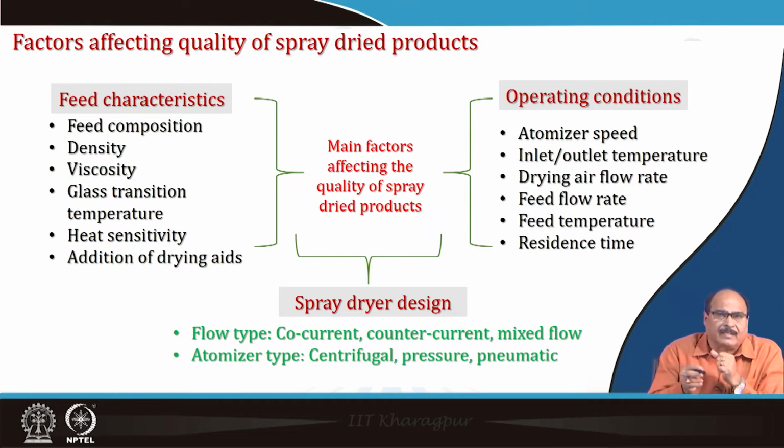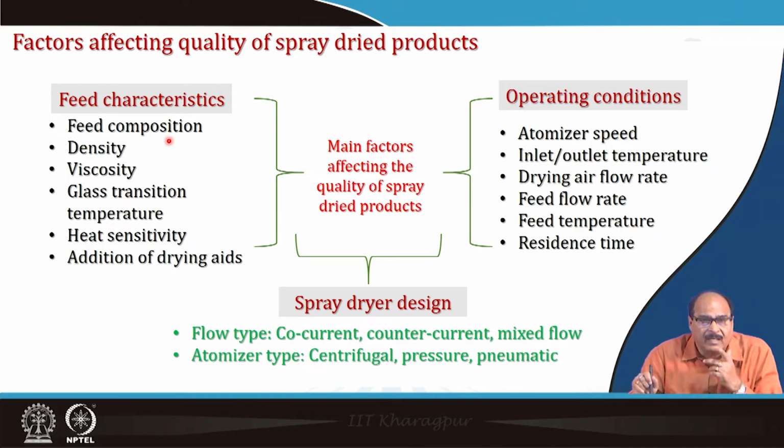Then, obviously, there are the factors affecting spray dried products. The main factors are feed characteristics like its composition, density, viscosity, glass transition temperature, heat sensitivity, and addition of drying aids; operating conditions of the spray dryer like atomizer speed, inlet and outlet temperature, drying air flow rate, feed flow rate, feed temperature, residence time, and humidity of the drying air; and spray dryer design like flow type, co-current, counter current, or mixed flow, or atomizer type like centrifugal atomizer, pressure atomizer, pneumatic atomizer.